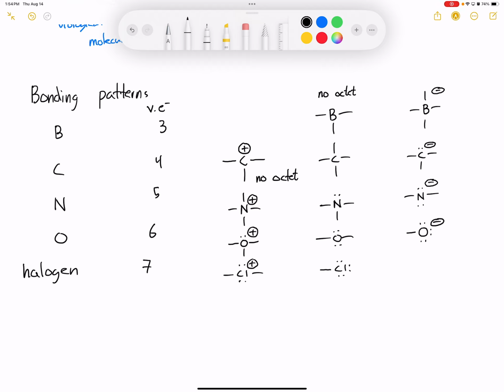Okay. How about chlorine? What would the negative charge for that look like? So when you think of chloride, how many electrons are on chloride? 7 is chlorine. How about chloride? If it became an anion. Yeah, it'll be 8.